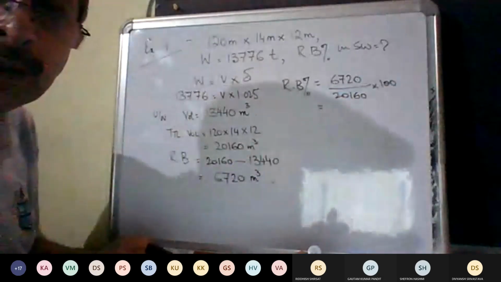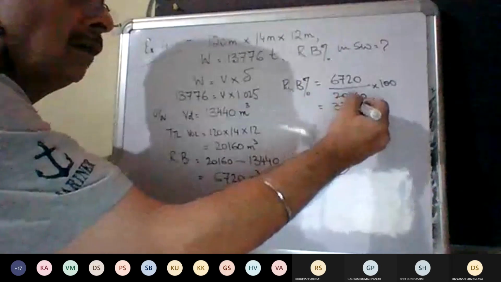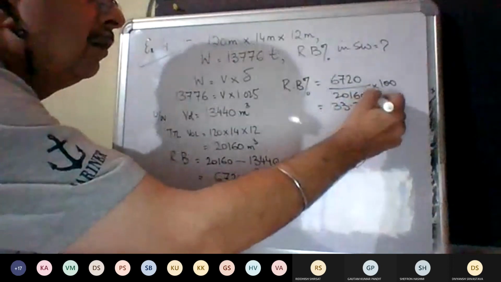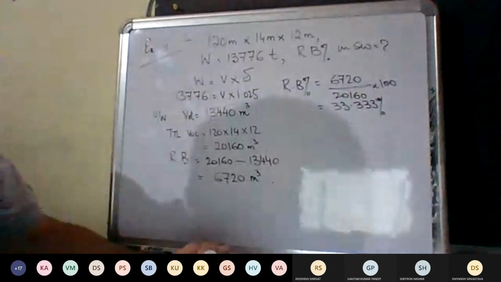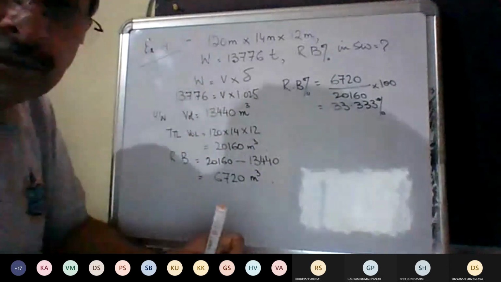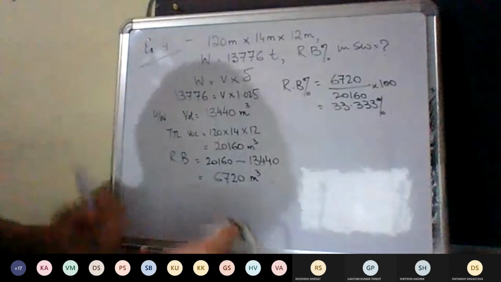This will be my percentage reserve buoyancy. That is 33.333. That is my reserve buoyancy. Okay, is that okay?